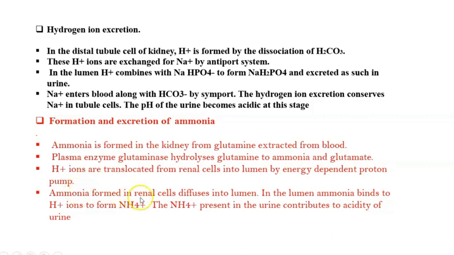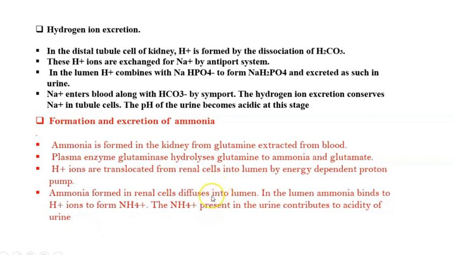Then the ammonia formed in the renal cell diffuses into the lumen, and there the ammonia will bind to the hydrogen ion protons to form ammonium ions. Ammonium ion present in the urine will contribute to the acidity of the urine, and because of that, the ammonia needs to be excreted.